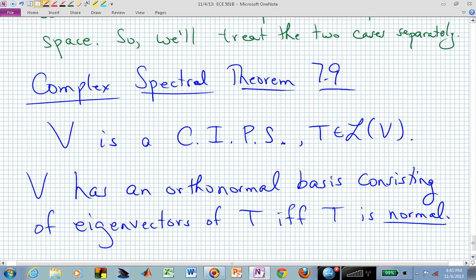So if T is normal in a complex inner product space, then we can diagonalize that operator. T now needs to commute with its adjoint. And if it does, then we know we can diagonalize that mapping. Or if T V's norm is equal to T dagger V's norm, then T is normal, and again, we can diagonalize that linear map.